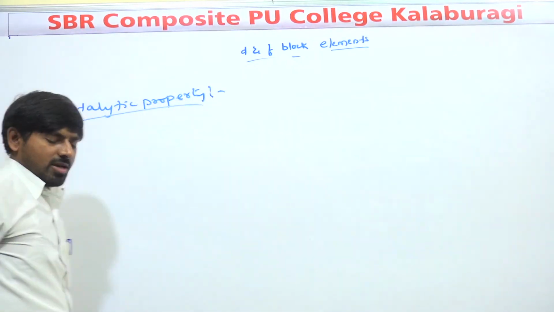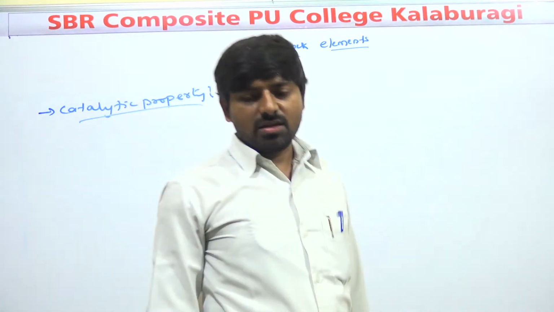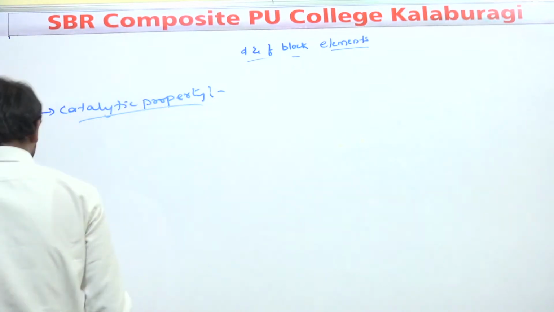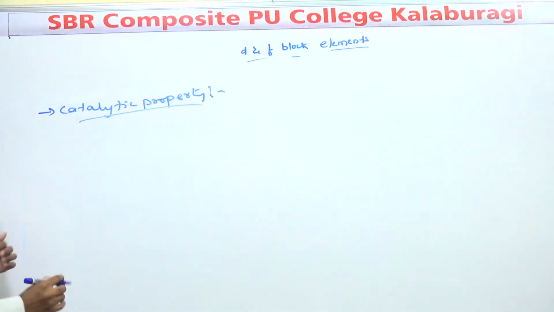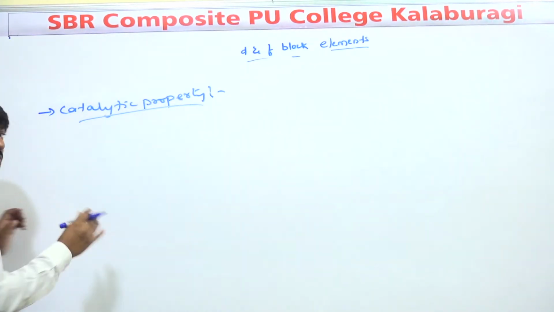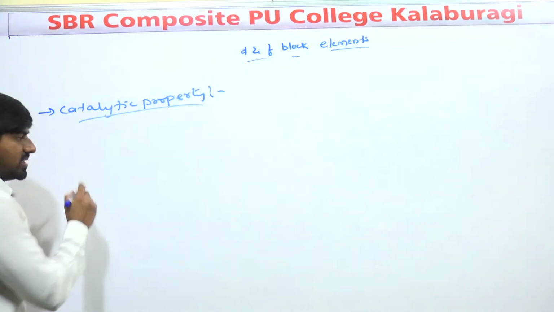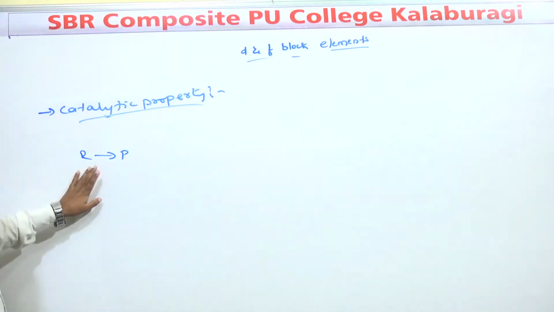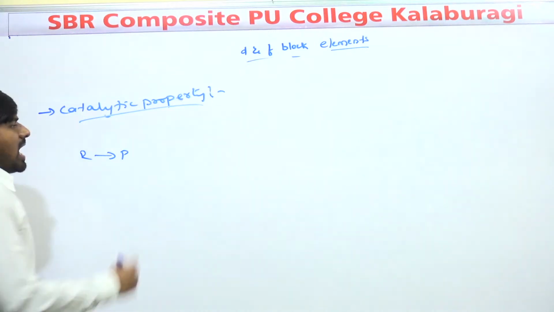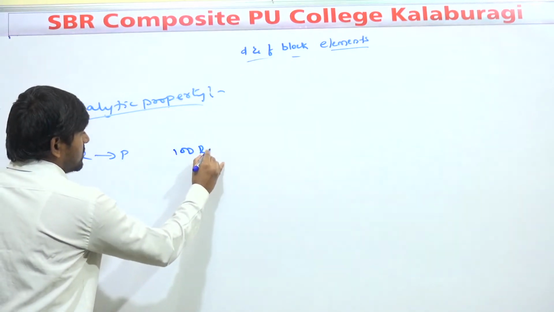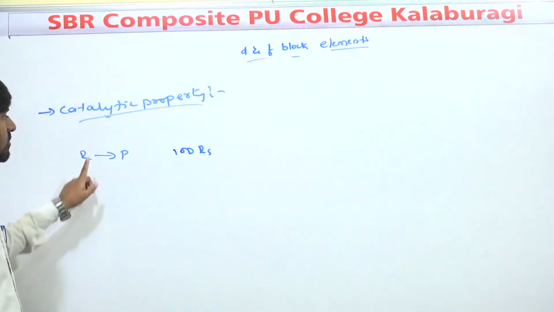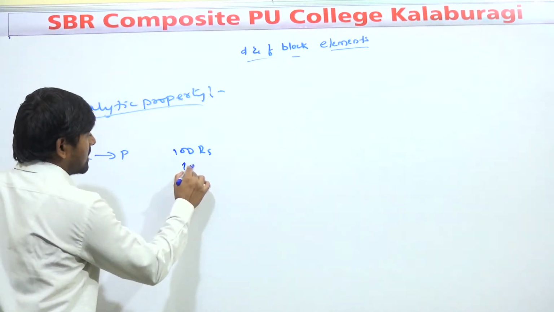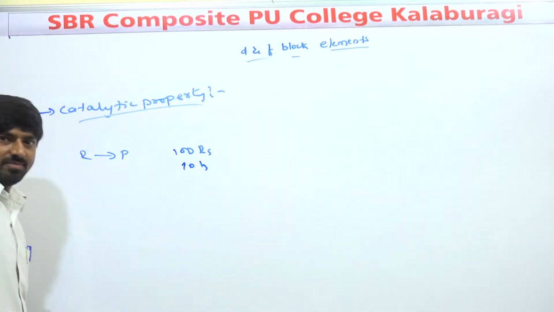Before I go to it, let us consider what a catalyst means, what its function is, and what it is used for in industries. Let us consider I am carrying out one reaction. I don't know what reaction it is; in general, I am talking about reactant tends to product. Let us consider I am spending 100 rupees to complete this reaction, and this reaction consumes around 10 hours to complete.